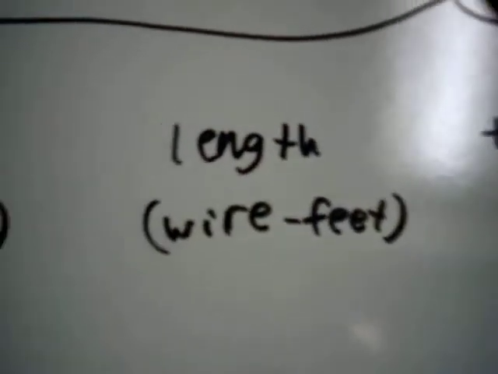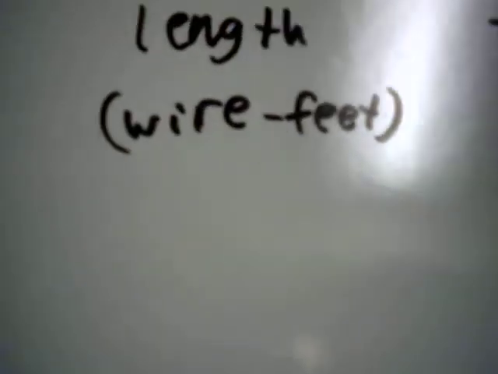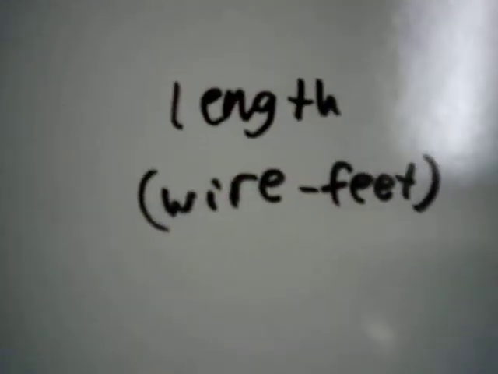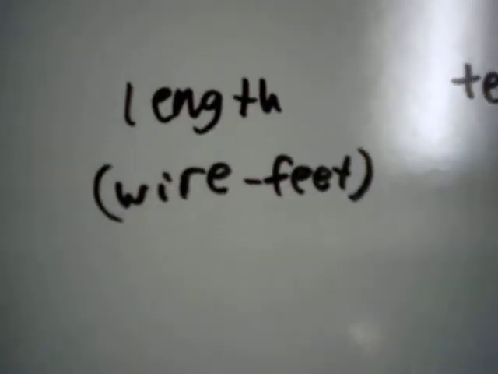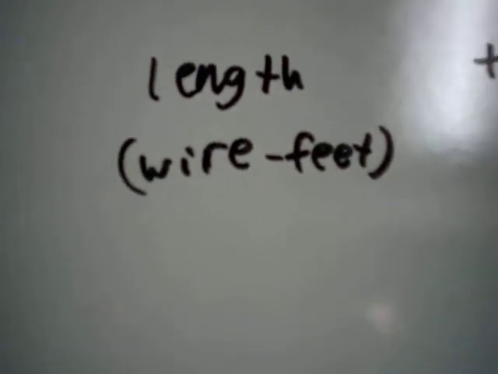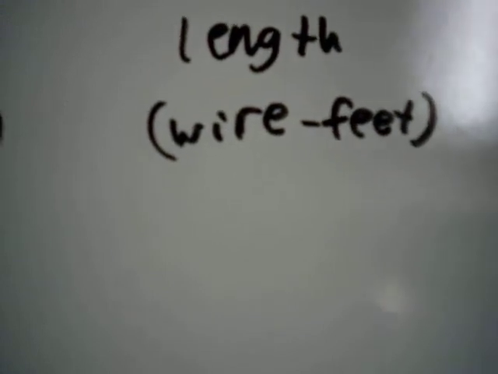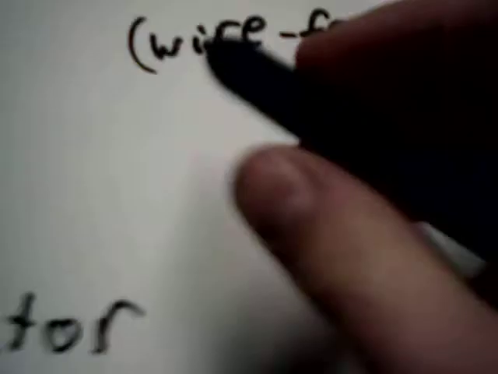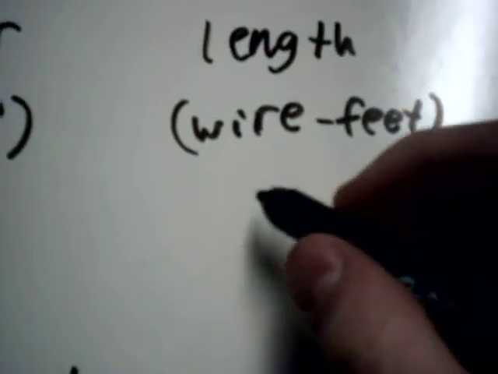The next one is length, or wire feet. It's not always measured in feet, but wire feet is just a unit that we give the length of a wire. This is a different principle.